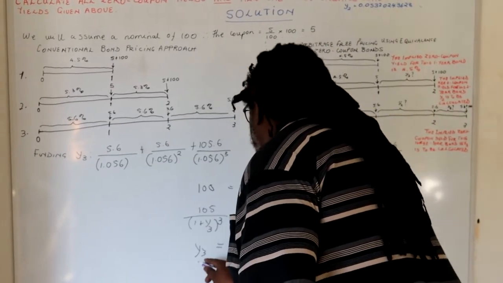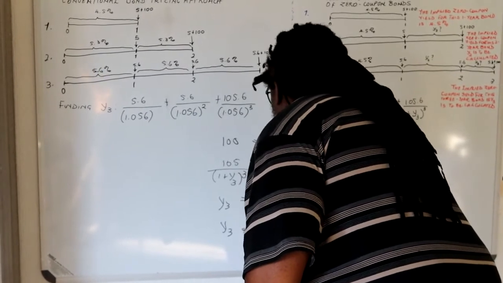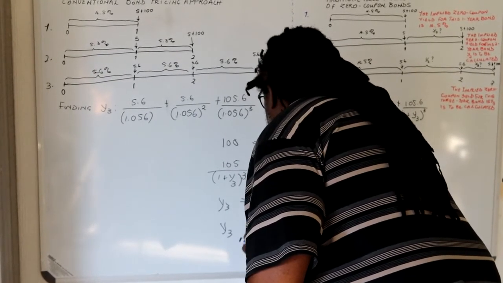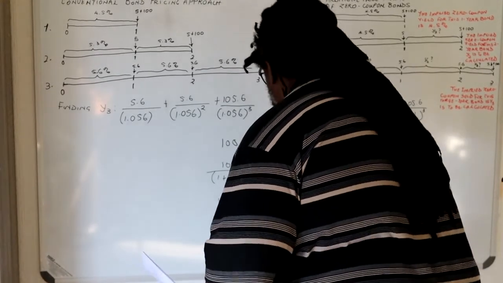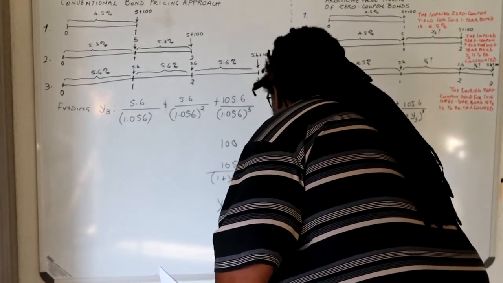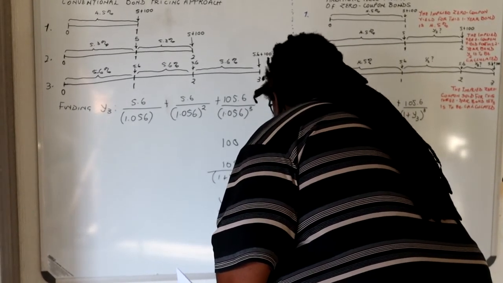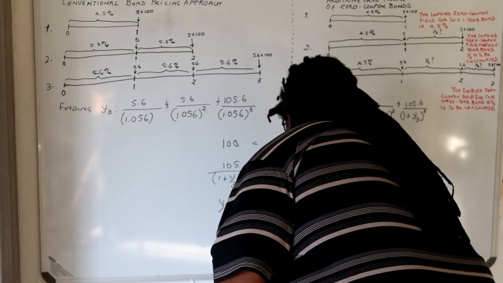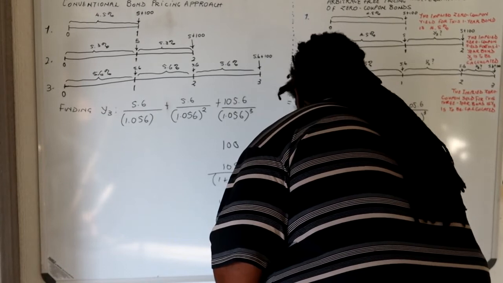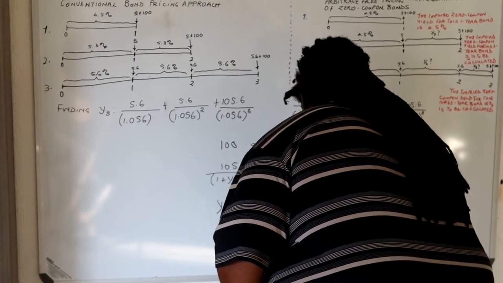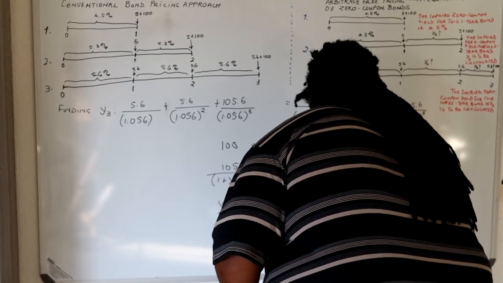So then we will say y3. If you use your calculators, you will get y3 equals to 0.056324172.